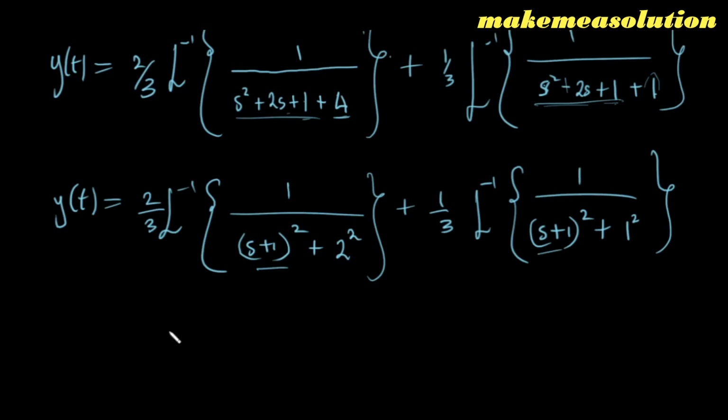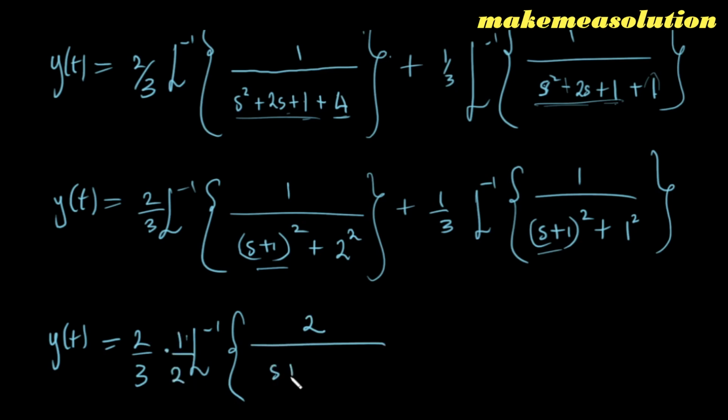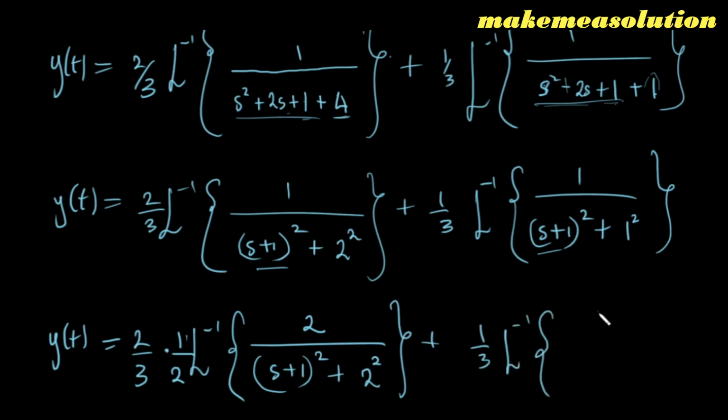So at the end of the day, what I can now see is 2/3 Laplace inverse of, now this one looks like a form that I know, so I'm just going to put a 2 here and a 1/2 here, divided by s plus 1 all squared plus 2 squared, then plus 1/3 Laplace inverse of 1 all over s plus 1 squared plus 1 squared.